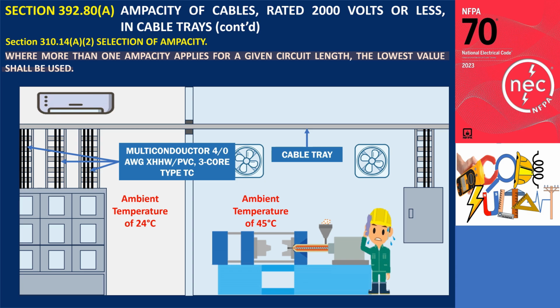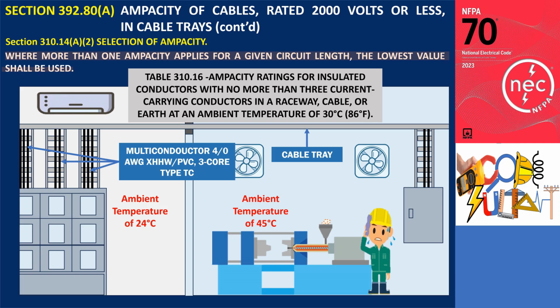Based on Table 310.16, the ampacity for these conductors is 230 amperes, but this rating assumes no more than 3 current-carrying conductors in a raceway, cable, or earth at an ambient temperature of 30 degrees Celsius, 86 degrees Fahrenheit. In the electrical room with an ambient temperature of 24 degrees Celsius, the ampacity increases by 1.05%, raising it to 241.05 amperes.